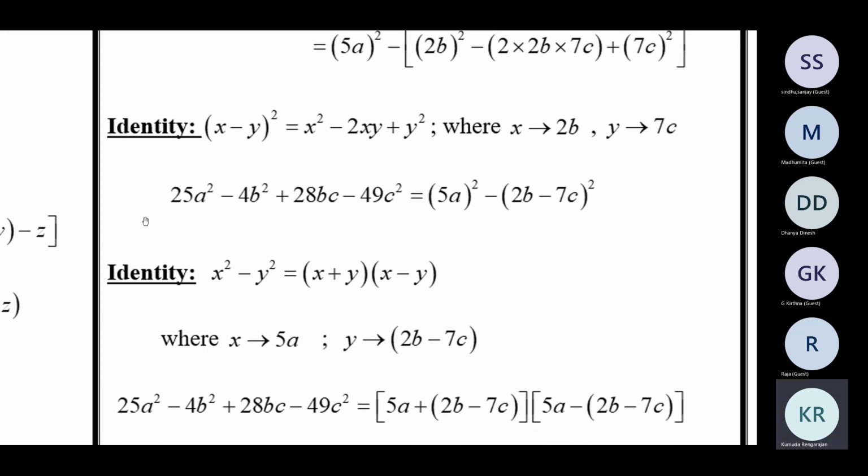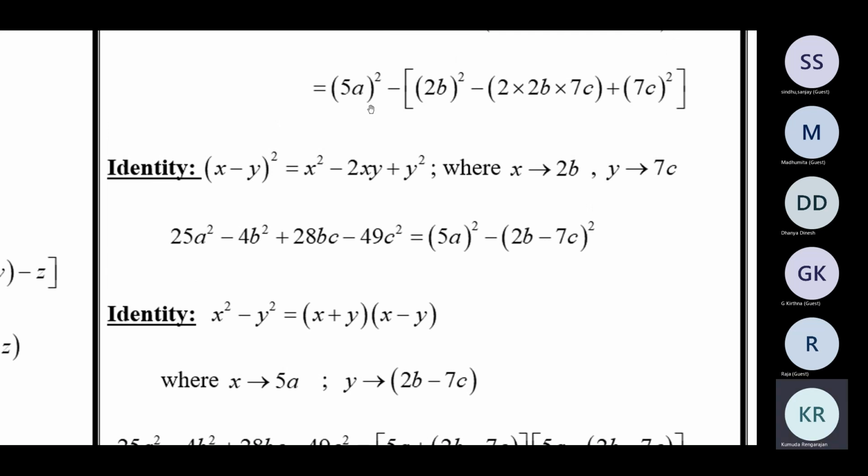So the given expression can be written as 5a the whole square minus, what is this one? 2b minus 7c the whole square. This is x square minus 2xy plus y square, so x minus y the whole square, which is 2b minus 7c the whole square. The first term 5a square is as it is.